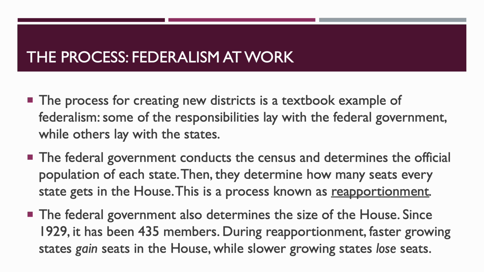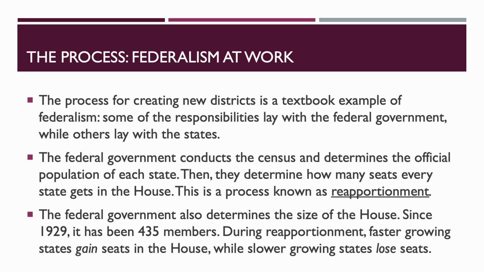The federal government does the first half of the process, which is conducting the census. The census is entirely a federal program. That begins the process, at the start of every decade, of determining the population for each state.